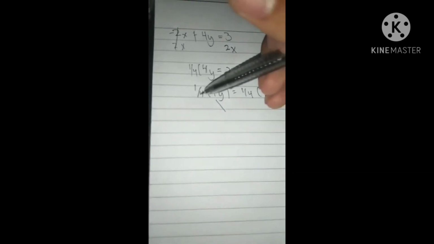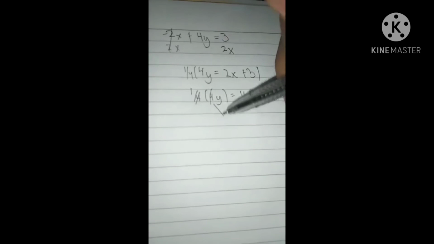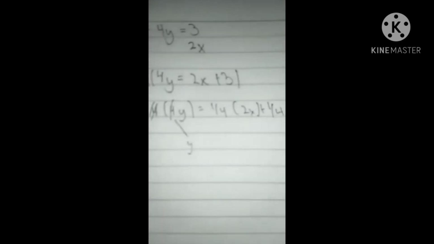First, we solve this: 1/4 times 4. Since these are the same numbers, we take it down and the answer is 1. So it will return to y because they are the same value.